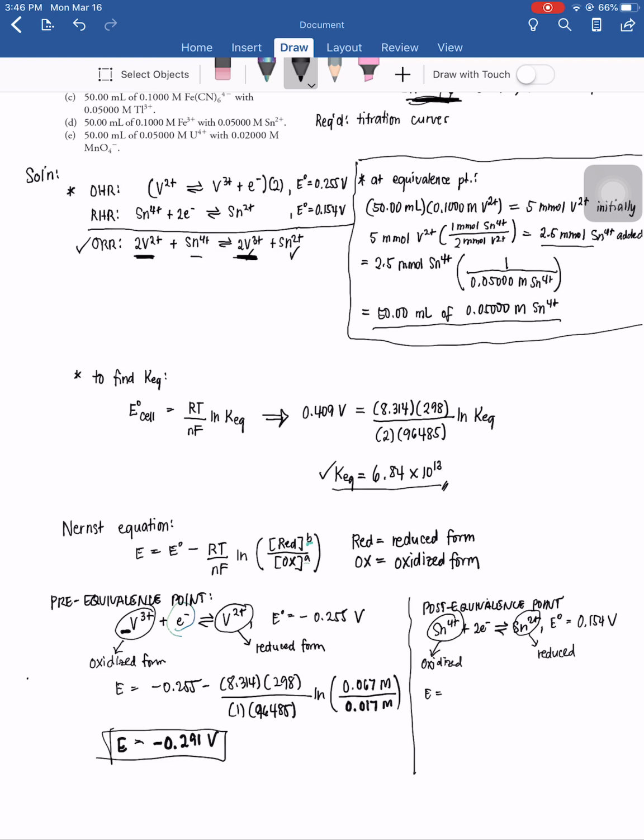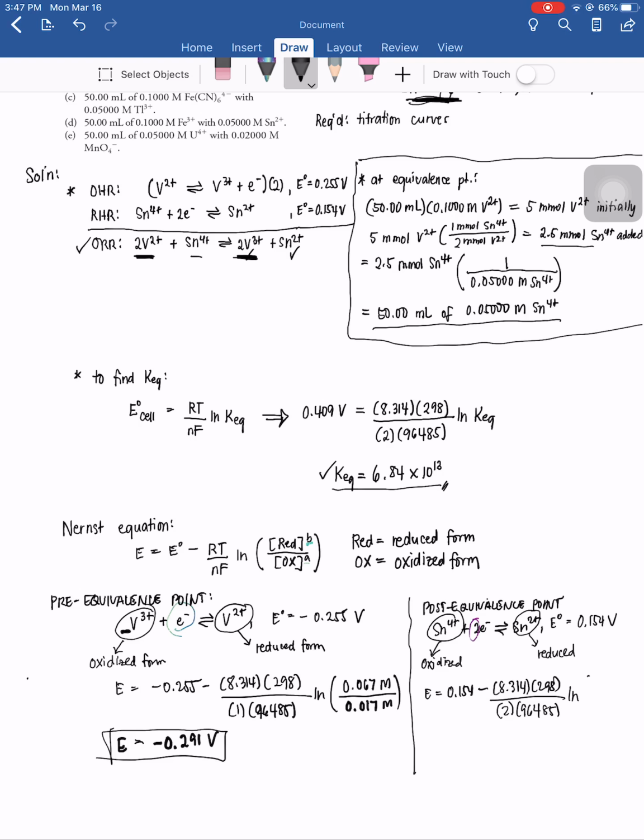So when using the Nernst equation, I should have inputted instead the following. So I have 0.154 minus 8.314 times 298 all over the n. The n here comes from the number of electrons that I got from table C.5. So that's 2 electrons times 96,485.